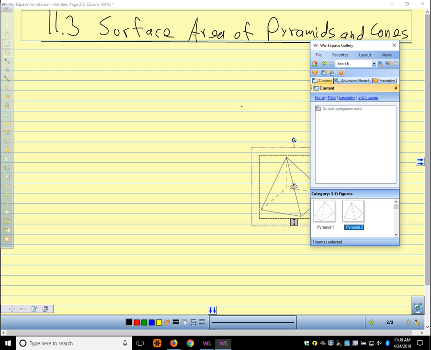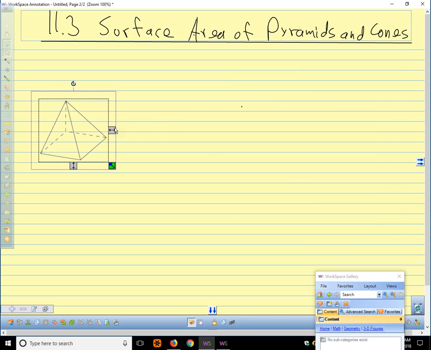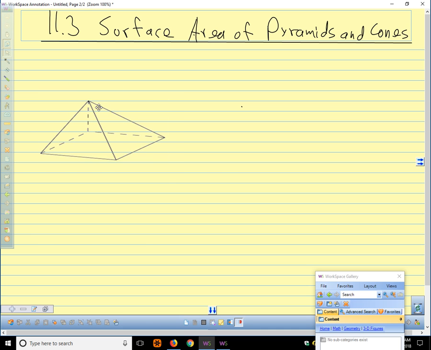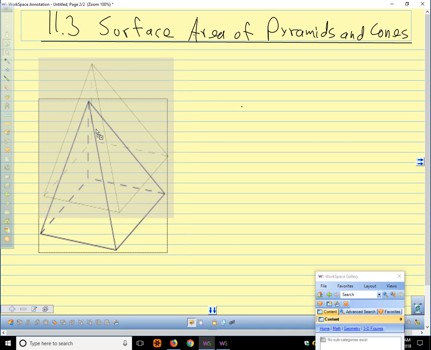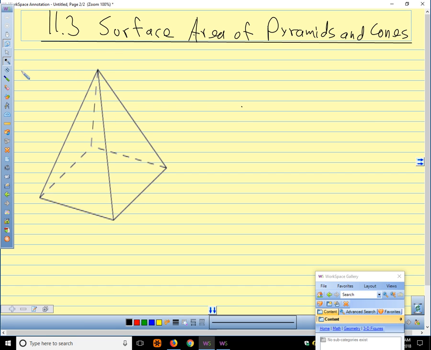All right, so a pyramid is a polyhedron. And remember, a polyhedron just means it's made up of polygons.